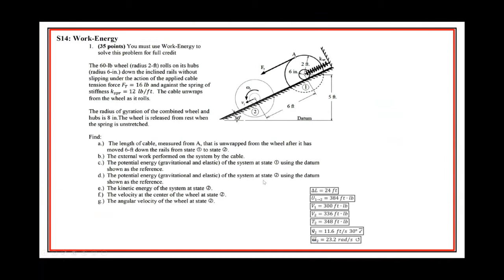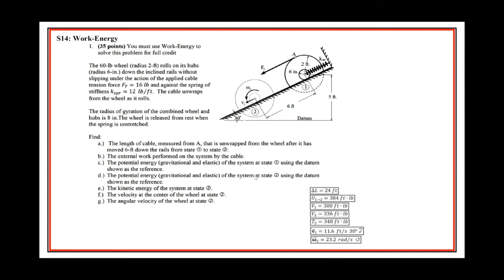Yes. Okay, yeah. I tried to do a kitchen sink problem here. That's how I think of it. Where we have a 60-pound wheel with a radius of 2 feet, rolls on hubs. So that might be hard to picture what that looks like, so maybe we should draw a sketch of what it looks like from the front. Without slipping, under the action of an applied cable, and Layla is giving her opinion of the mailman coming by.